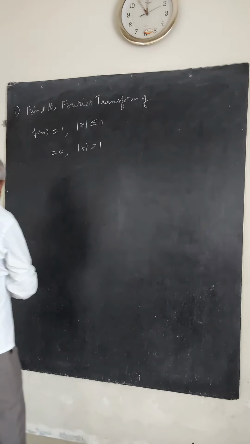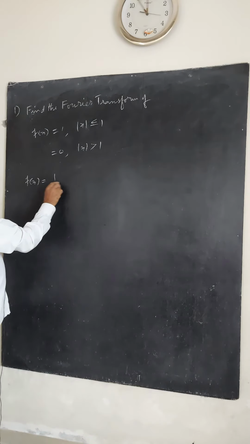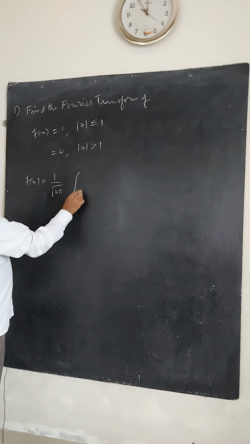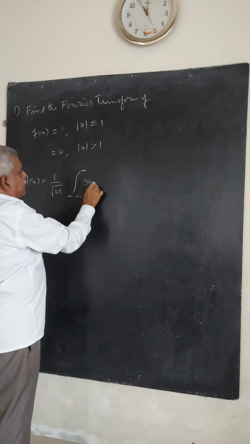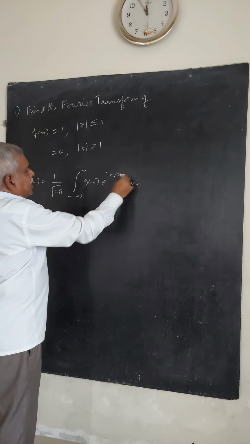Let us do the sums one by one, in steps. Let us write the formula first. f of x equals 1 by root of 2 pi, integral from minus to plus infinity of g omega e power i omega x d omega.